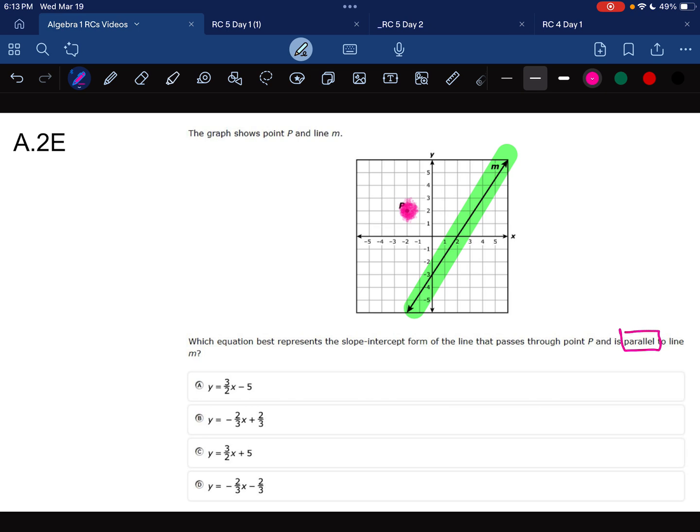Keyword is parallel. What does parallel mean again? Same slope. So I need to figure out what slope is going to be the same for my equation, because I'm dealing with the same slope. So go ahead and find 2 points and find your slope.